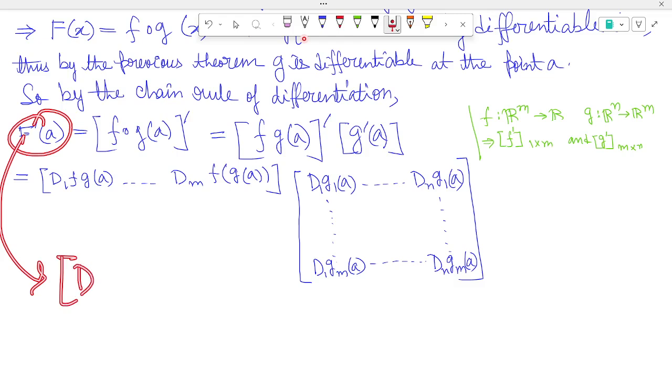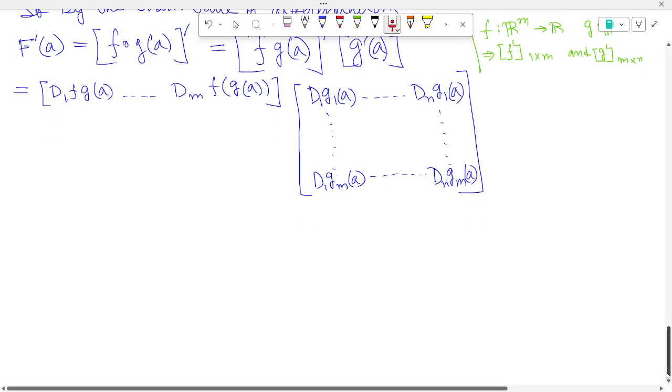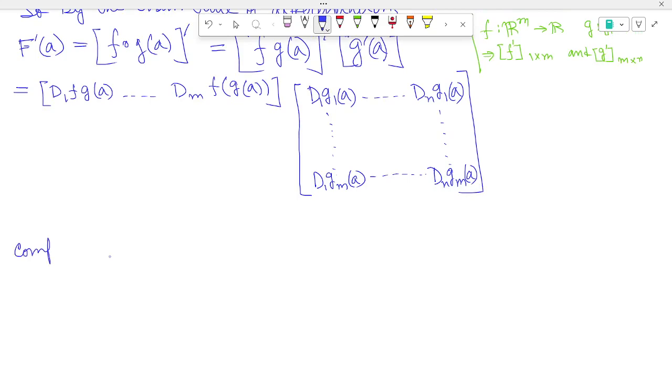This is something like D1 F A, D2 F A, then Dn F A. Comparing, see, this is also a matrix, right? Comparing the sides.